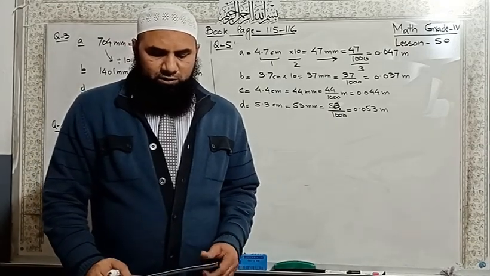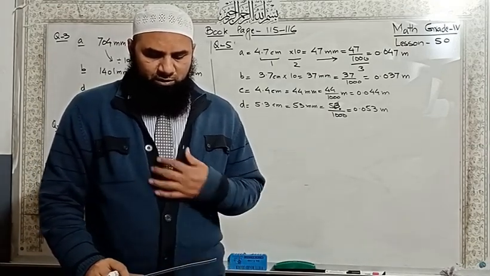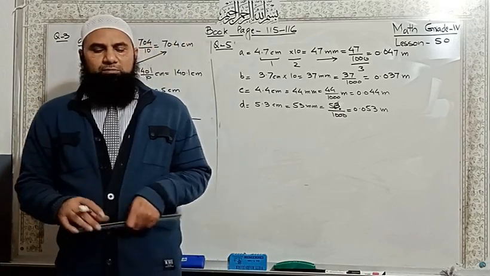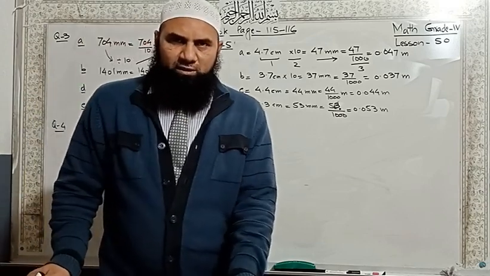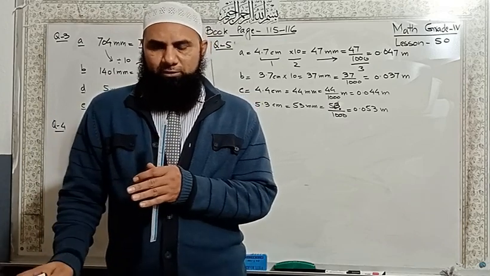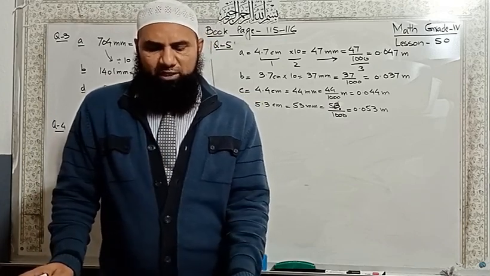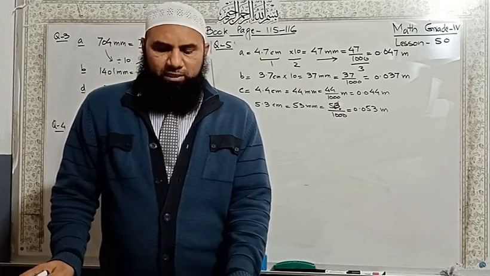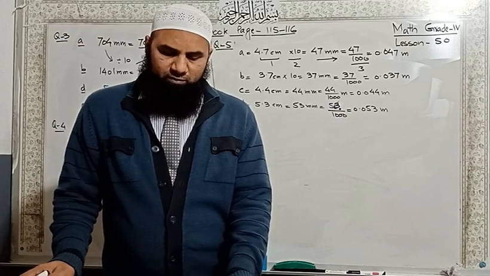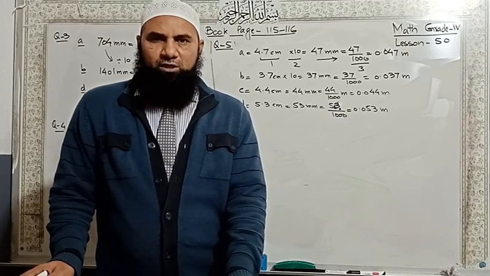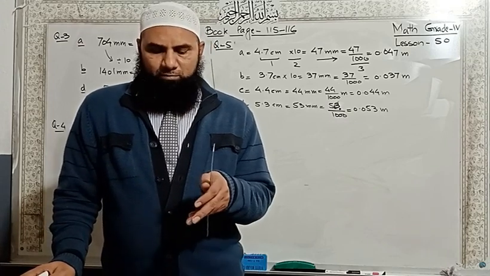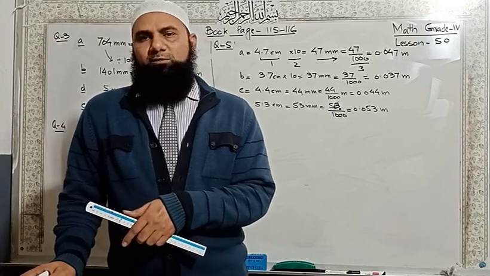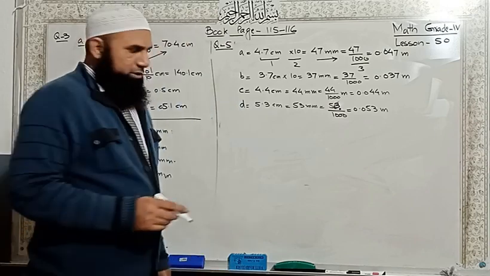Now comes question number 6, the last question of today's lesson. Write these lengths in millimeters. If they are given in meters, we will multiply them by 1000, because for making meters into millimeters, we multiply.